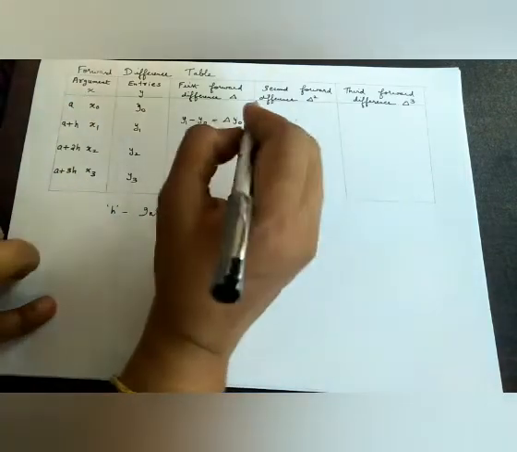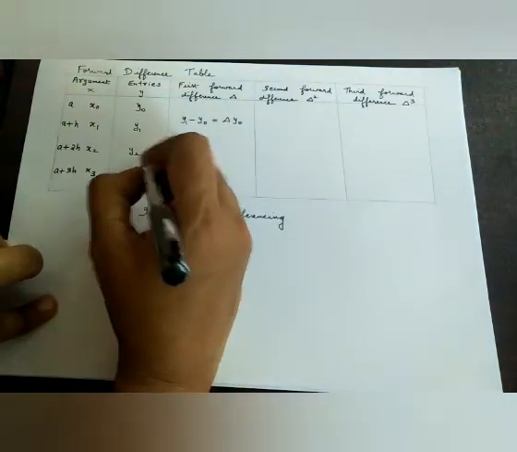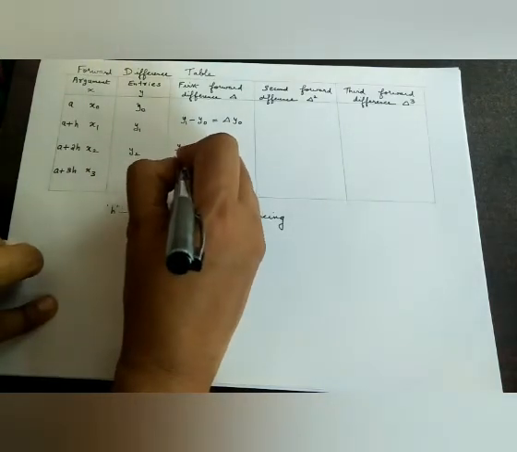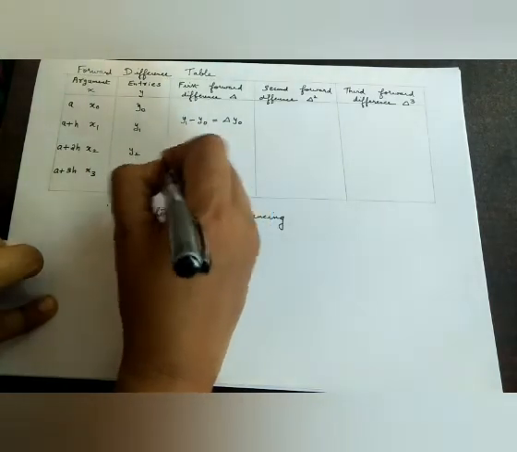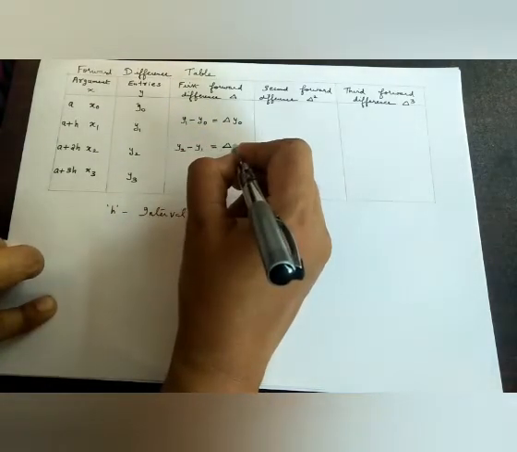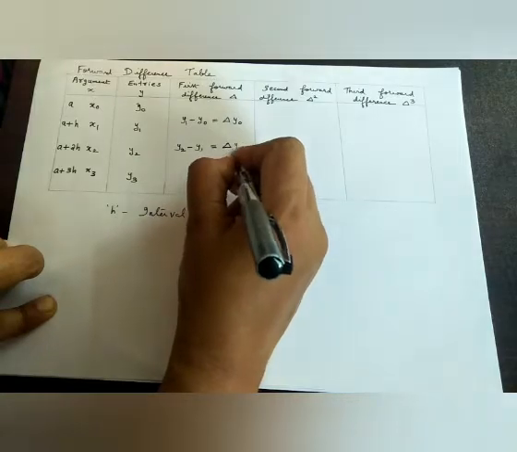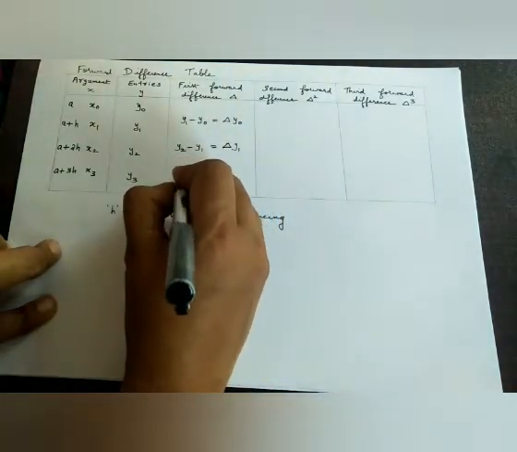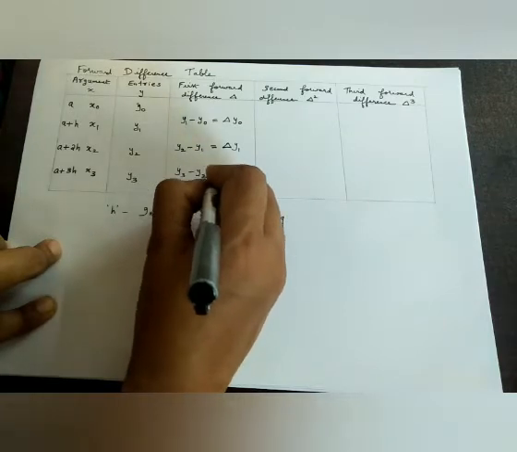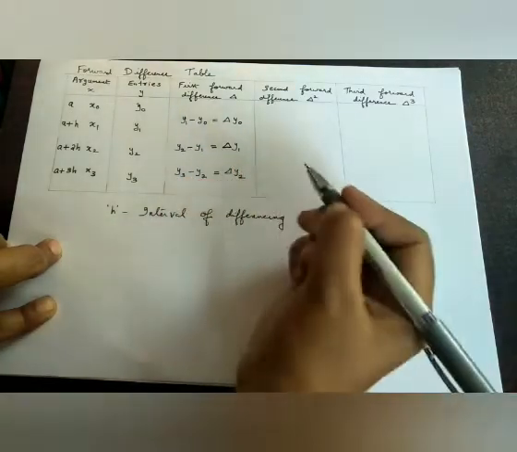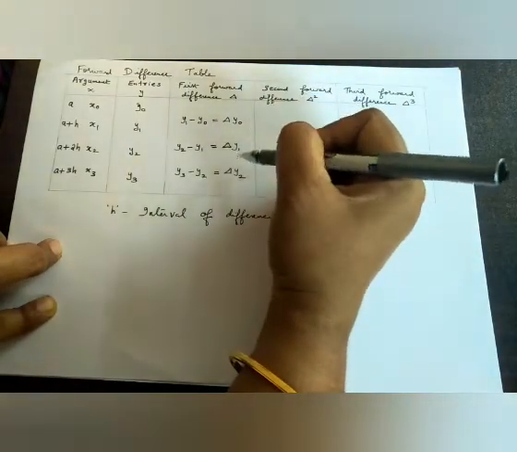Now the difference y2 minus y1, we can write in between that, is equal to again the first forward difference of y1, delta y1. Third, y3 minus y2, which is delta y2. These are the first forward differences.